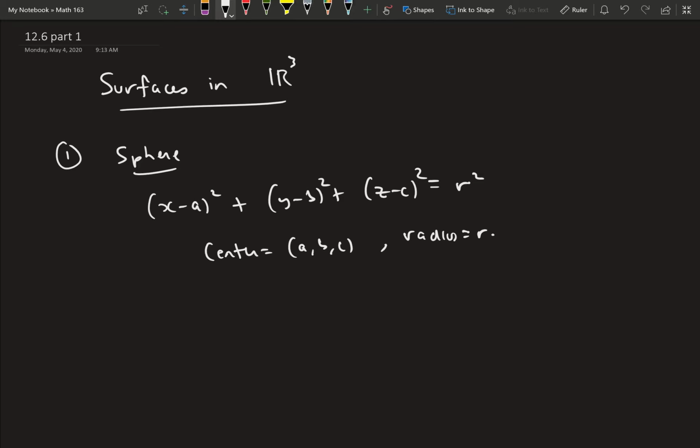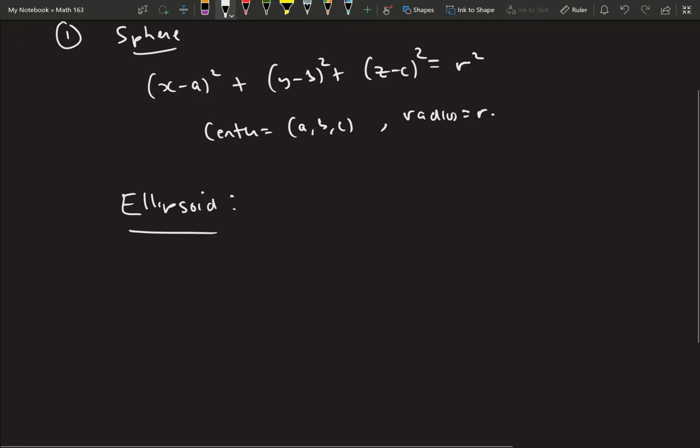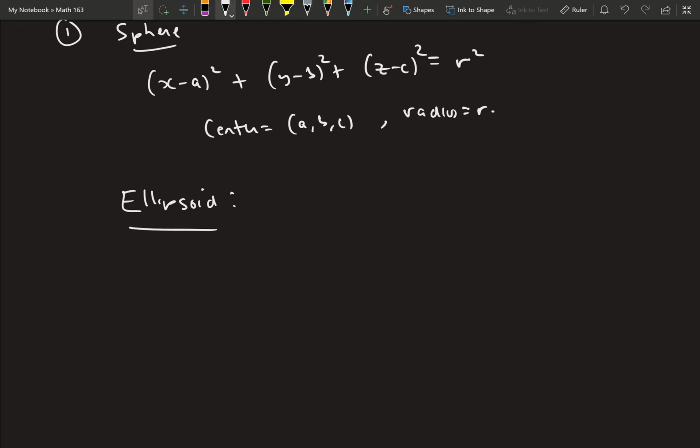And just a slight extension of that is what's called the ellipsoid. So let's do just a direct example here. So example, then I'll write the general equation. Let's say we have x squared plus 4y squared plus 16z squared is equal to 64.